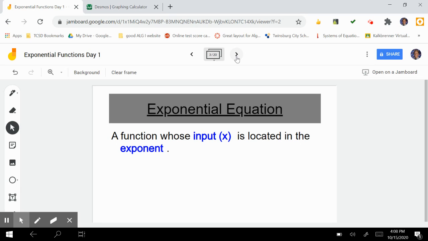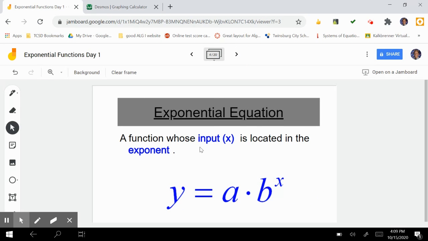So if we look at it, an exponential function is a function whose input x is located in the exponent. So what does that mean? Right here, y equals a times b to the x. You're going to have that exponent be your input value.